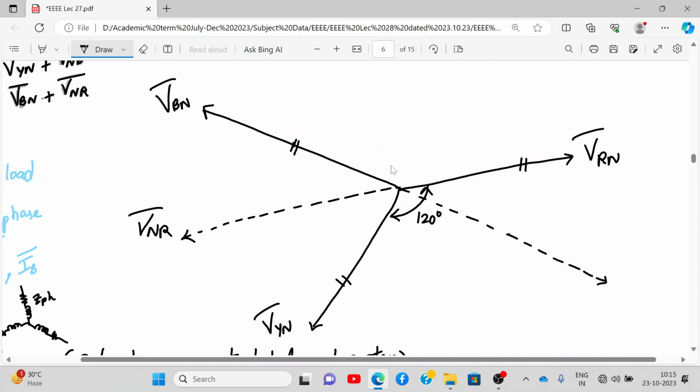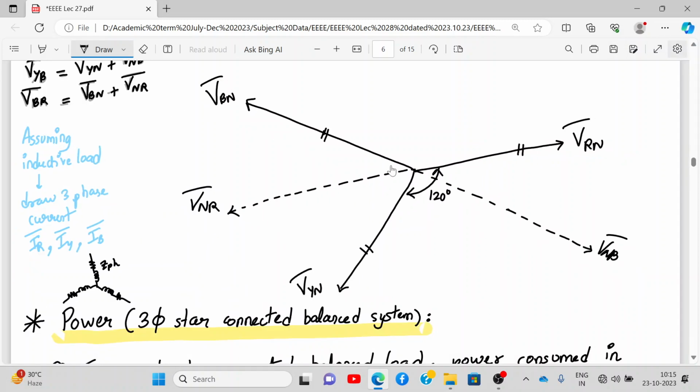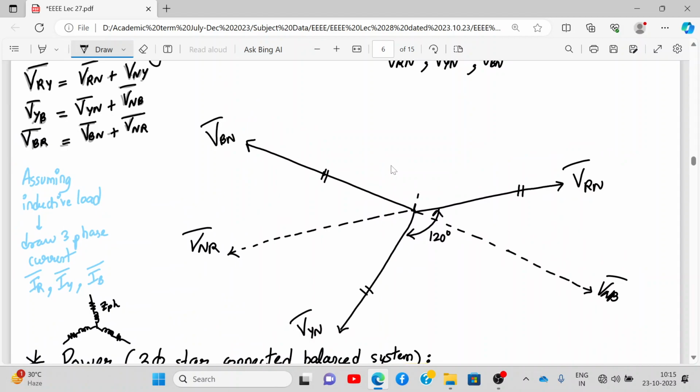Please follow the instructions and draw it along with me. VNB. And over here, similarly, you will draw VYN. The mirror image will be VNY. Please listen carefully and follow the instructions. So this is VNY.